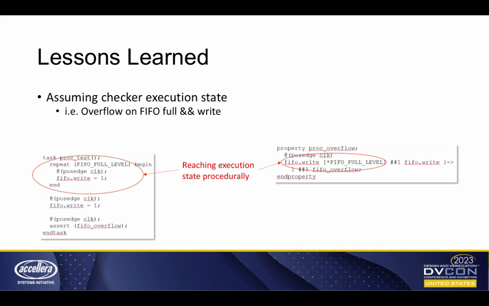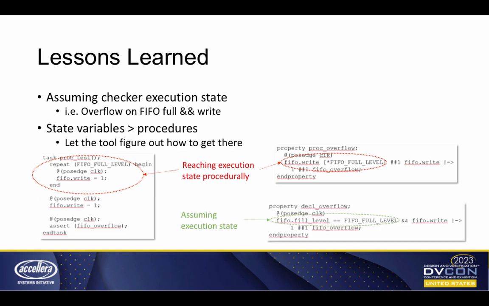It's reasonable, but I felt like I made a major breakthrough when I quit thinking in terms of procedures to take the circuit to where I needed it to go, and instead just declared where I needed it to go by describing the checker execution state itself and not the procedure for getting there.